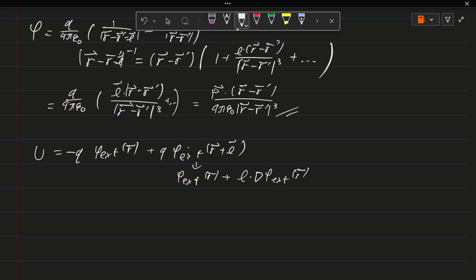Basically, this is just another Taylor expansion in terms of only the one value. So this would become L vector times the gradient of phi external at r vector. Sorry, there should be a q there. This would be just the negative dipole moment dot the external electric field. This is the potential energy for a dipole experiencing an external field.